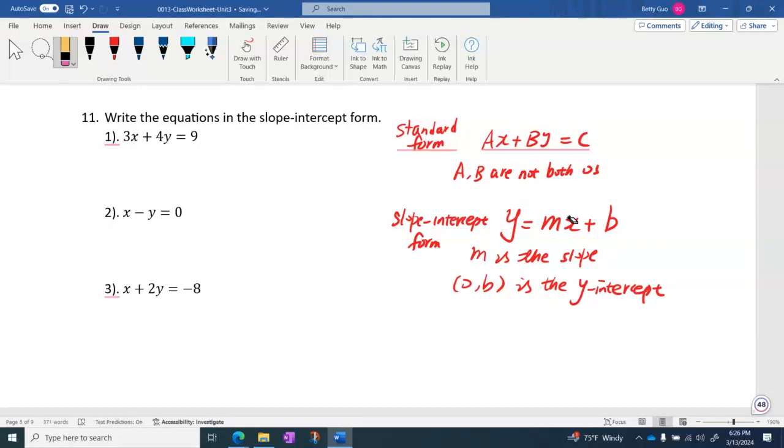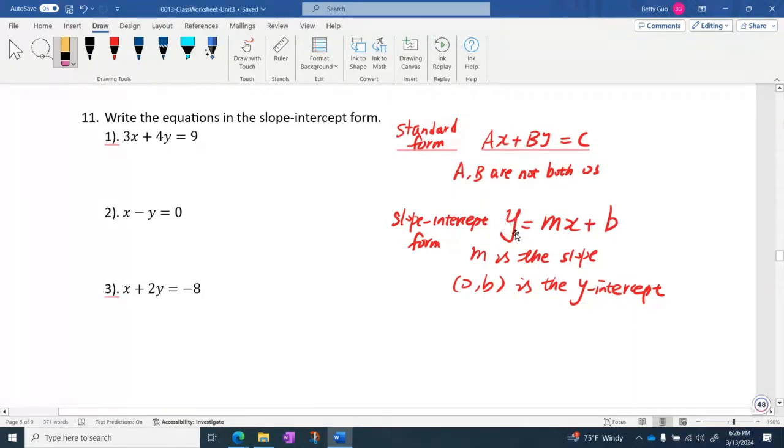Just memorize: m is the slope. Since in this format we are able to tell the slope and the y-intercept directly, this format is called the slope-intercept form. It's very straightforward, right? The name explains the structure.